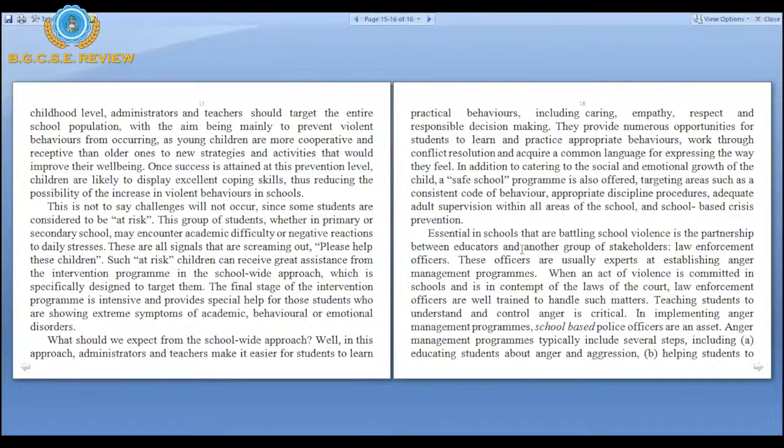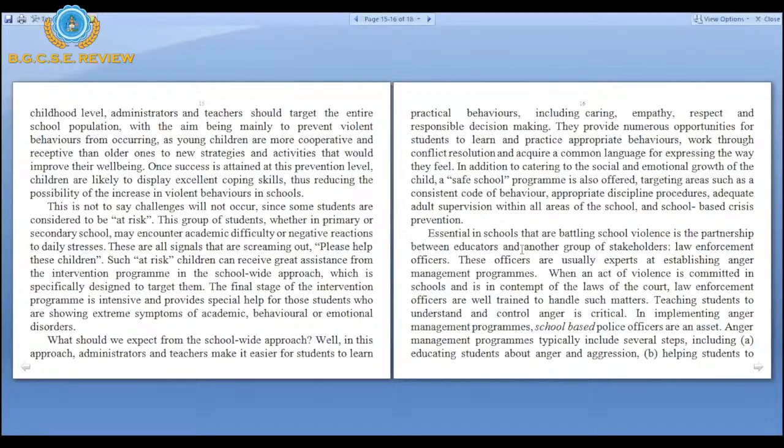In addition to catering to the social and emotional growth of the child, a safe school program is also offered, targeting such areas as a consistent code of behavior, appropriate discipline procedures, adequate adult supervision within all areas of the school, and school-based crisis prevention.